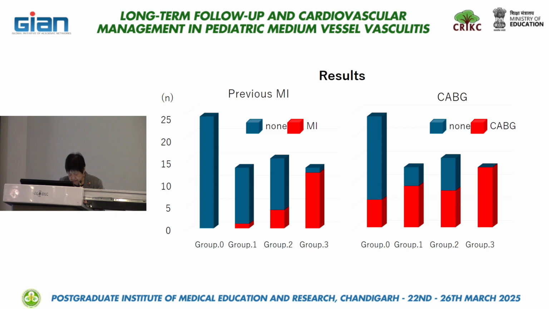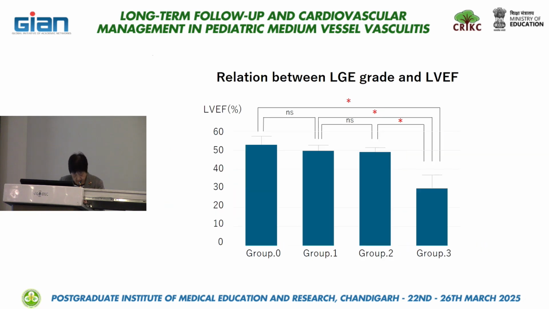Previous MI was found in groups 2 and 3. On the other hand, coronary artery bypass grafting was in all groups. There was a significant difference between LGE grade and LVEF.